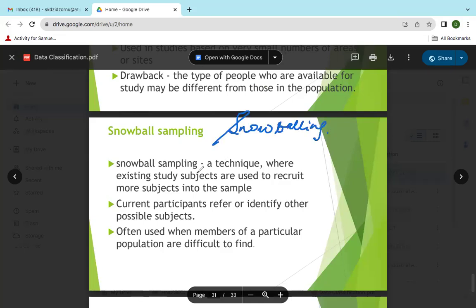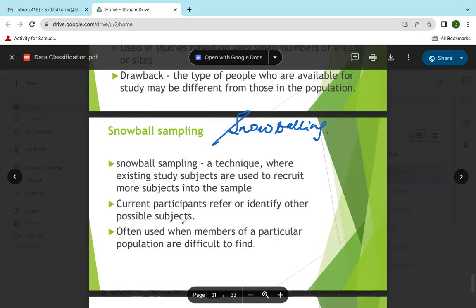So snowball sampling is a non-probabilistic technique where existing study subjects are used to recruit more subjects into the sample. Current participants refer or identify other possible subjects. It's often used when members of a particular population are difficult to find.